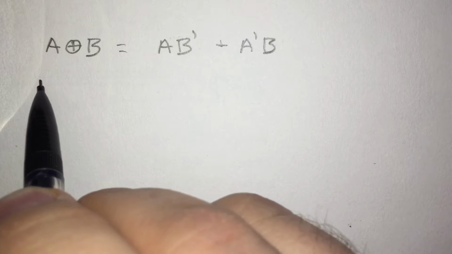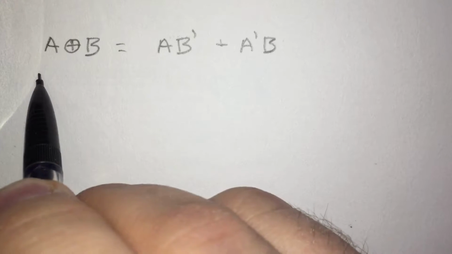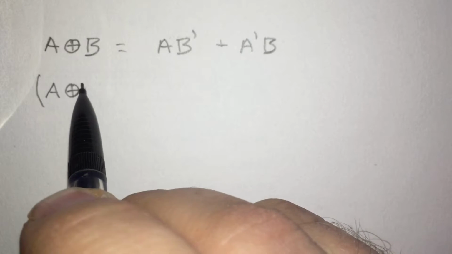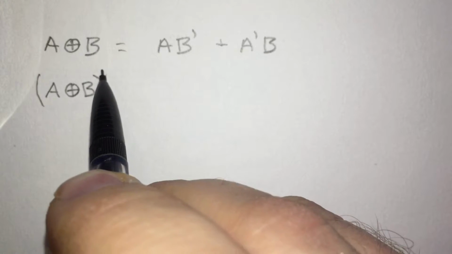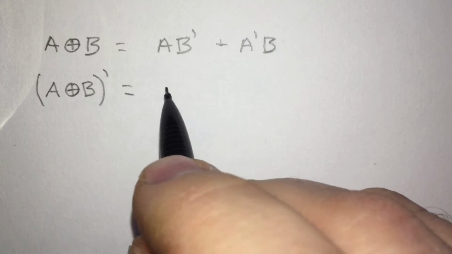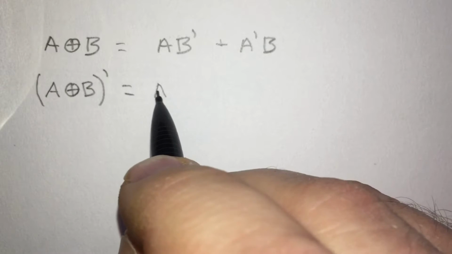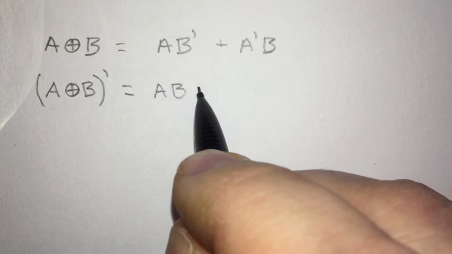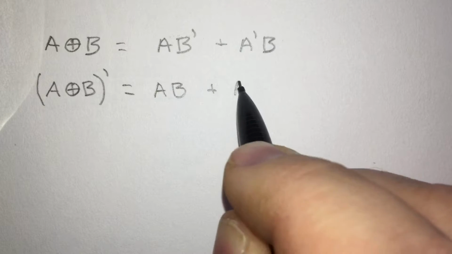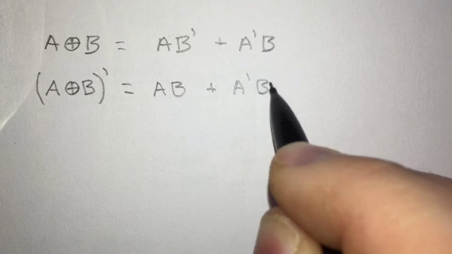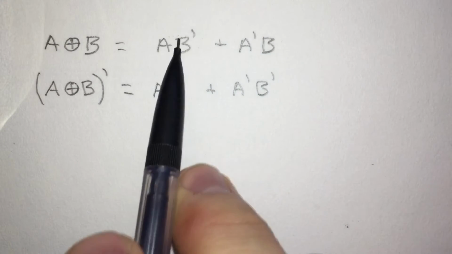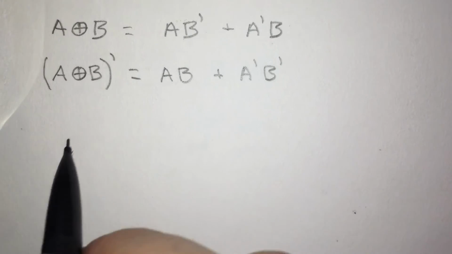And we want to show that A exclusive OR B quantity negated is equal to A B or A not B not. So why don't we take this term and negate it?